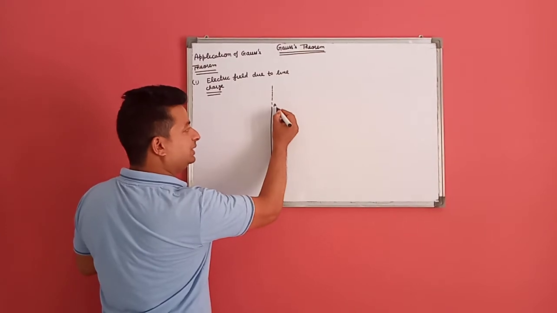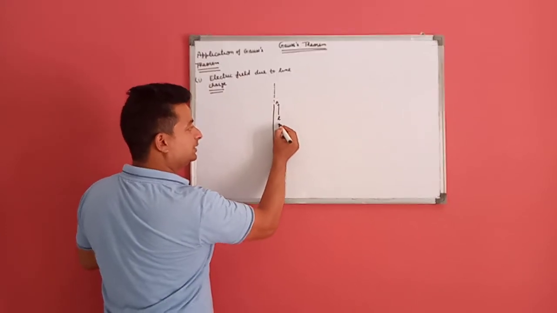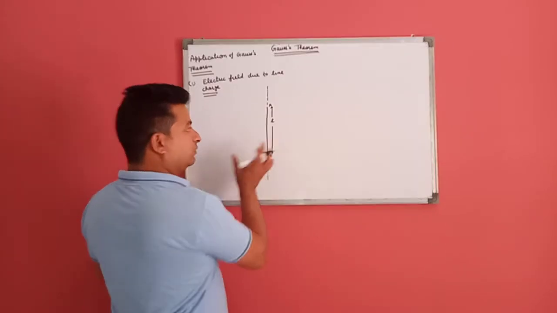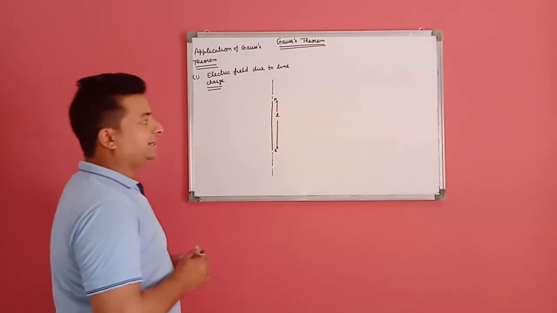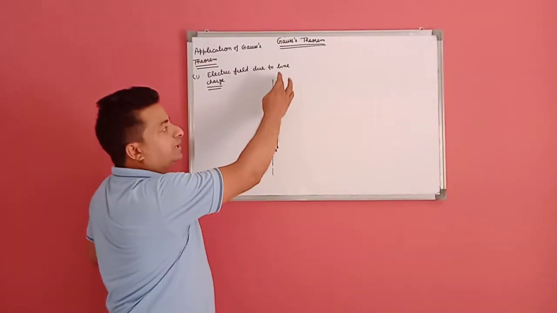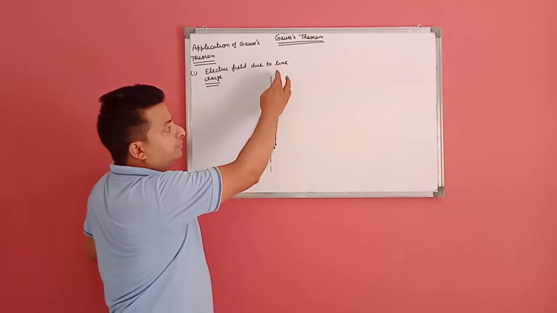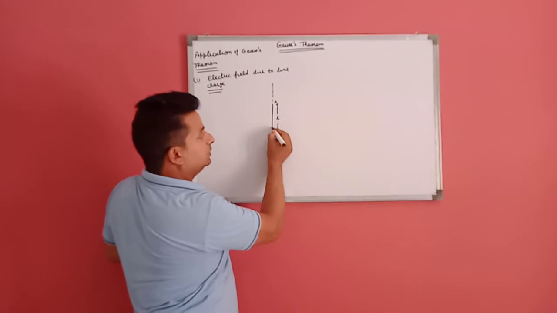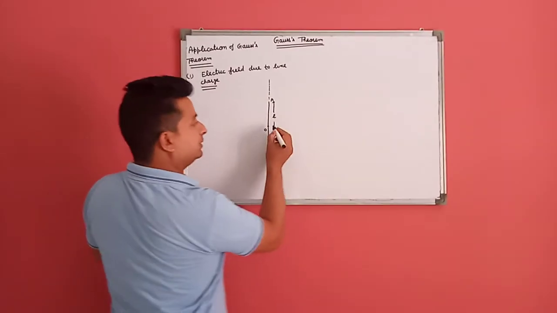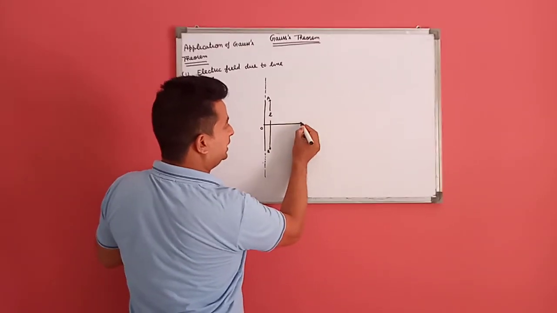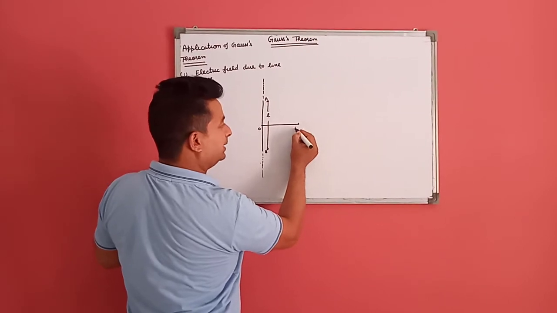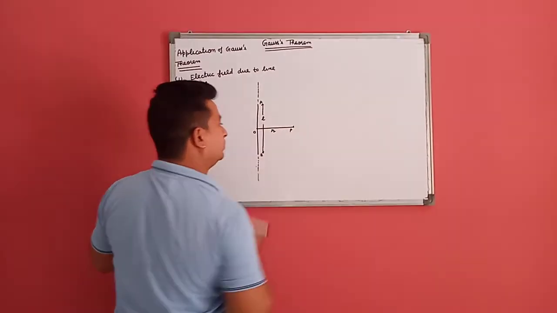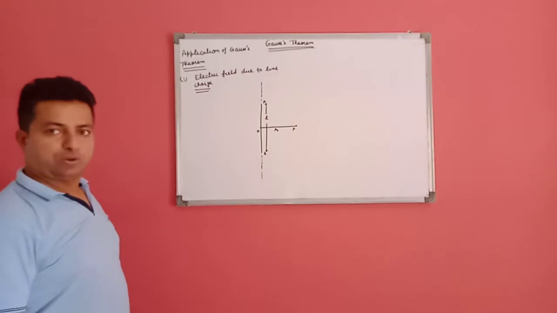Let AB be its portion whose length is L. This means first we write, consider an infinitely long rod AB of length L. Let O be its center and P be any point at a distance r from the center of the rod.